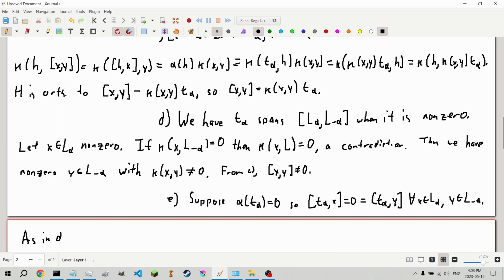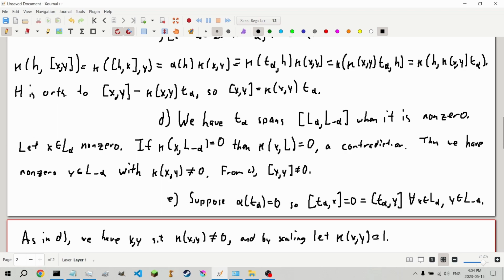As in D, we have x and y such that the killing form of x and y is non-zero. And by scaling, we can just let the killing form be 1 to keep things simple. Then the bracket of x and y is T alpha by C.